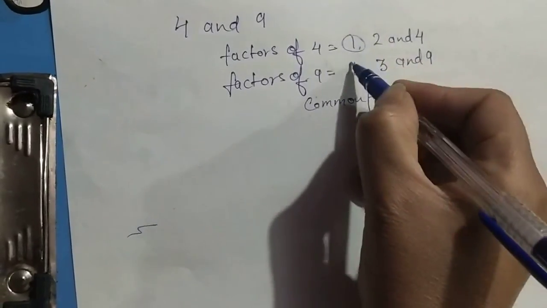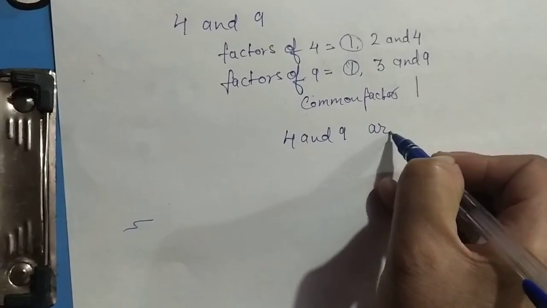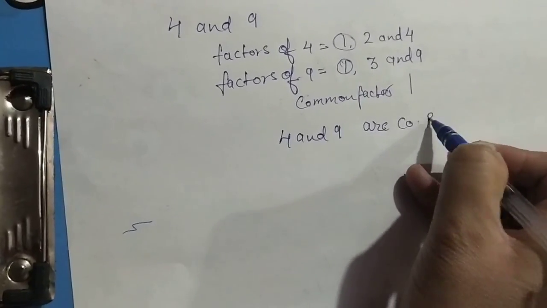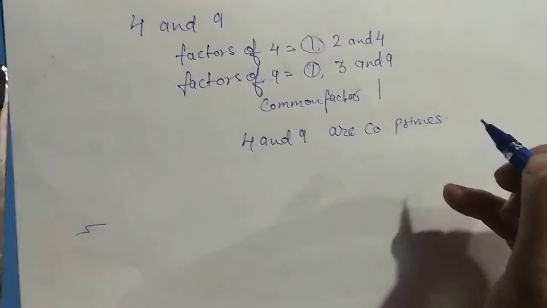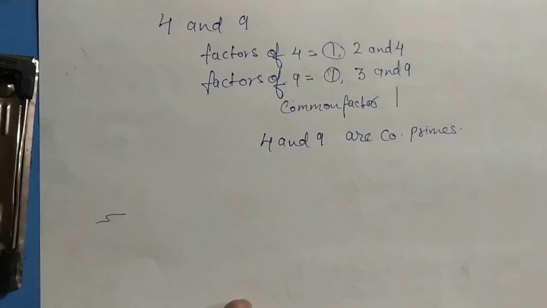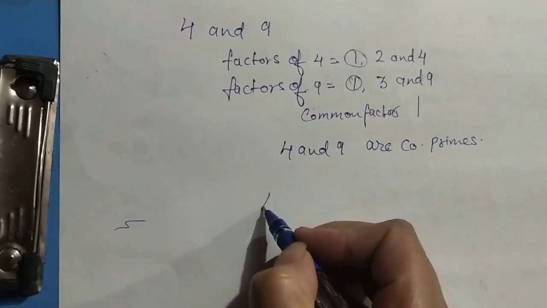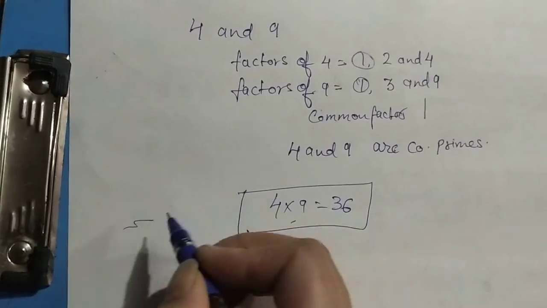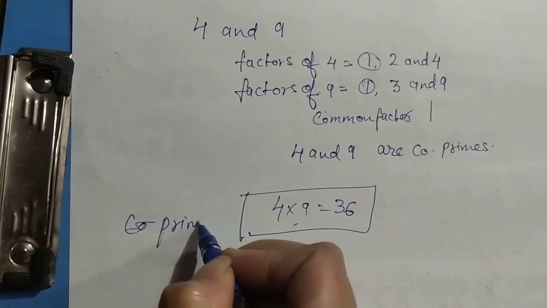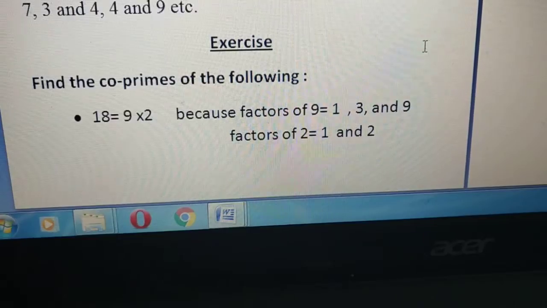Only one, that is 1. So 4 and 9 are co-primes. I think you understand now. These 9 and 4 are co-primes of 36, since 9 into 4 equals 36. I hope you understand.